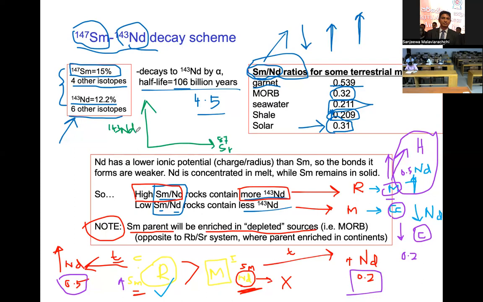It should be high, right? Why? Because strontium is produced by rubidium. Rubidium is more incompatible, and in the continental crust a lot of rubidium is there. So over time, it will produce a large amount of strontium isotopes. Therefore, strontium will be enriched, somewhere around here.